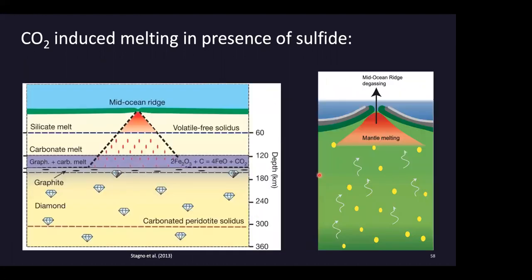Not only in the lithospheric mantle, beneath mid-ocean ridges in the oceanic mantle, the carbonated peridotite solidus is encountered at around 300 kilometers depth. When the carbonated peridotite solidus is crossed, we get very low degrees of carbonated melts, and this low degree carbonated melt has the potential to extract some sulfur from the oceanic mantle if the melting takes place in presence of a sulfide phase before volatile-free melting in the mid-ocean ridge begins.